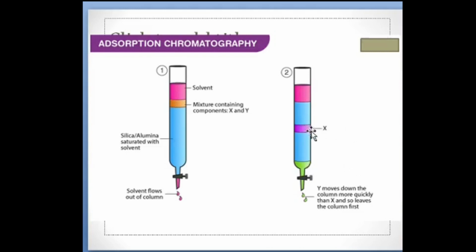Suppose this green is Y, it is not adsorbed, whereas X is adsorbed in the stationary phase. So X will come down much more slowly than Y, which is not adsorbed to the stationary phase. Then we will collect them accordingly. So that is adsorption chromatography, based on the principle of adsorption of the solute with the stationary phase.